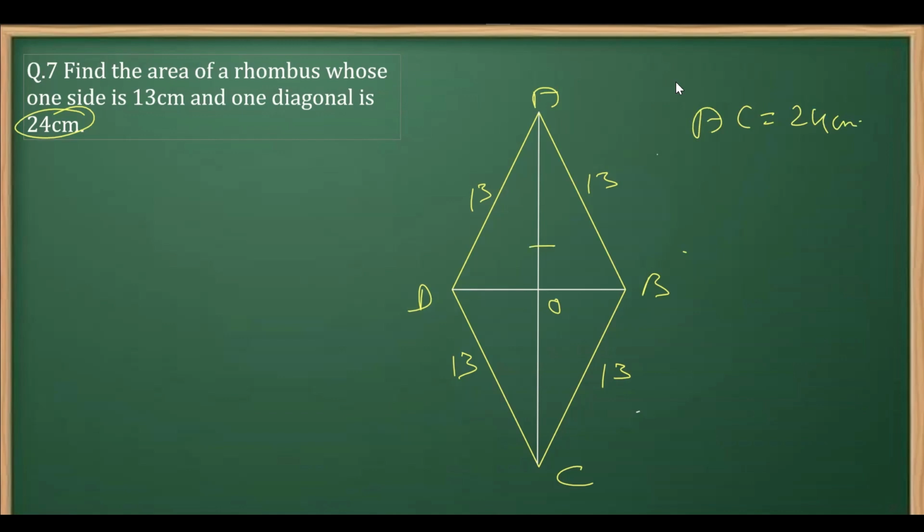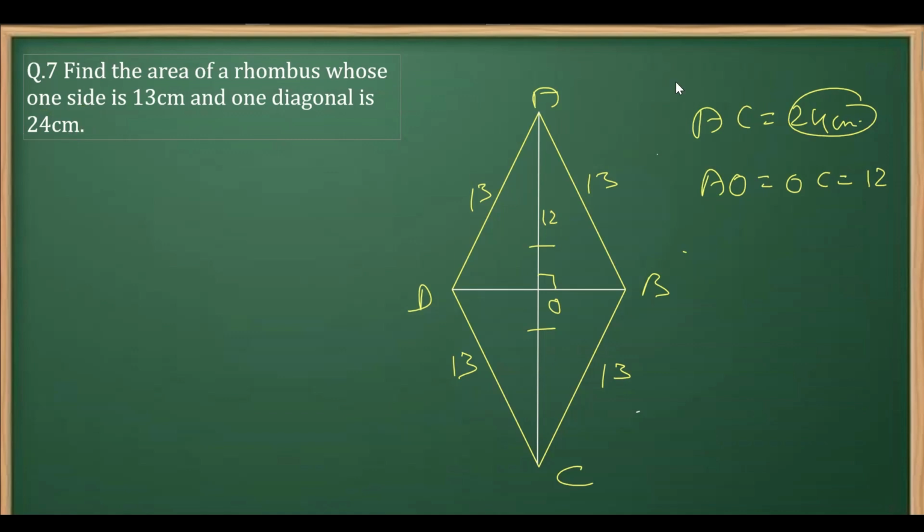What we know is that diagonals of a rhombus bisect each other at 90 degrees. That means the length of AO as well as OC should be half of 24, that is 12 each. So this is 12 centimeter. That is AO. AO is 12. We can see in the figure.